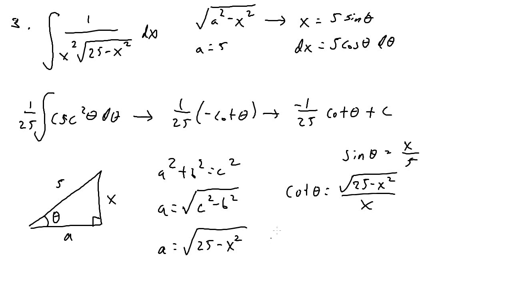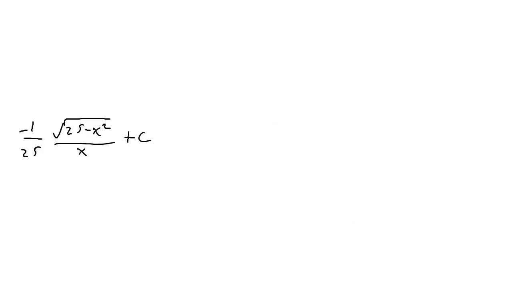So if I go ahead and substitute that in, we'll get negative 1 over 25 times cotangent of theta, which is equal to this. So we get the square root of 25 minus x squared over x, and then plus c. And so to simplify one more time, just go ahead and merge the fractions together. We'll get negative square root of 25 minus x squared over 25x plus c. And that is the final answer.